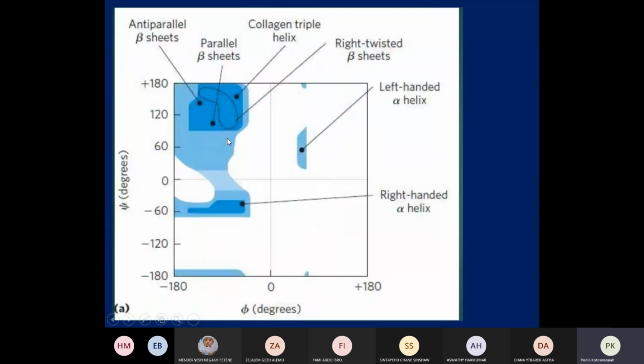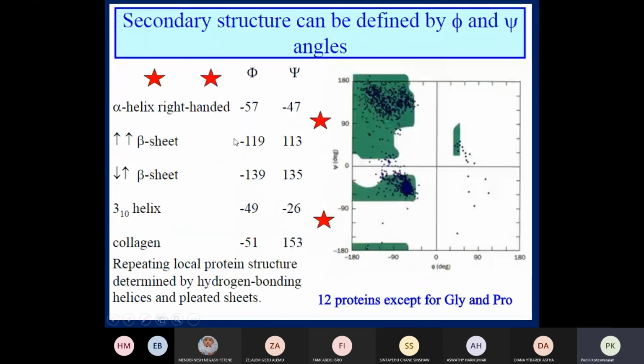You can see here in this entire map, when he constructed the phi and psi angles for various proteins using models, all these phi and psi combinations fall only in a particular region. Each dot in this map represents the combination of one psi and phi angle, and you can see the rest of the map is empty. That means a polypeptide can exist in a stable conformation only at particular psi and phi angles.